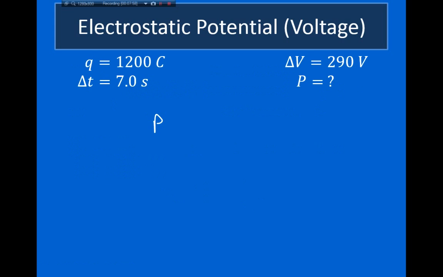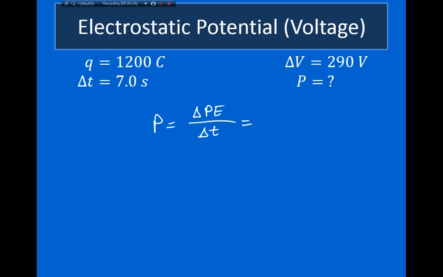So we have that the power is going to be equal to the change in the potential energy of the electrons, or whatever it is in the battery, divided by delta T. So I know delta T, I'm trying to solve for the power, and I need to find a way to calculate the change in the potential energy. Well, I'm told the charge is 1200 coulombs, and the 1200 coulombs is going to go through a voltage difference of 290 volts.